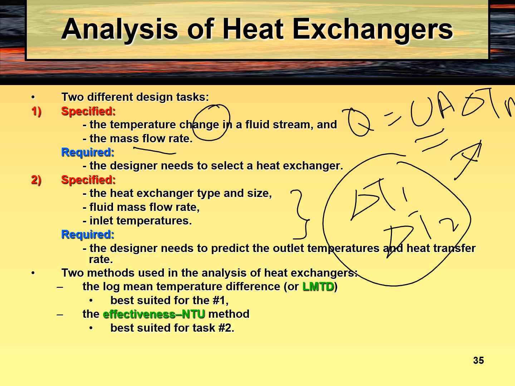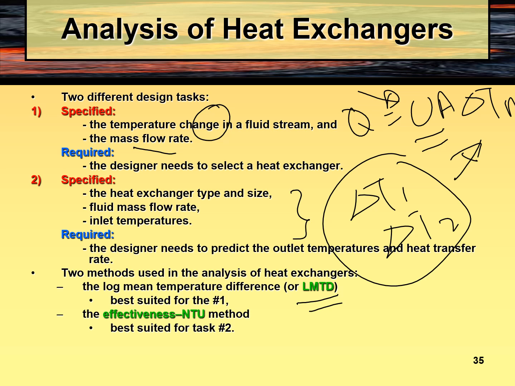The value for UA is also required. Thus, if you are designing a new heat exchanger, you cannot use the log mean temperature difference method. The log mean temperature method is only suitable to analyze the performance of an existing heat exchanger, but not to analyze the design itself.